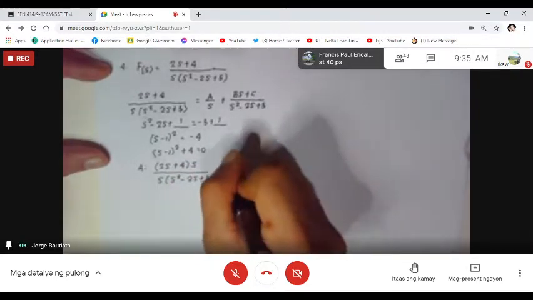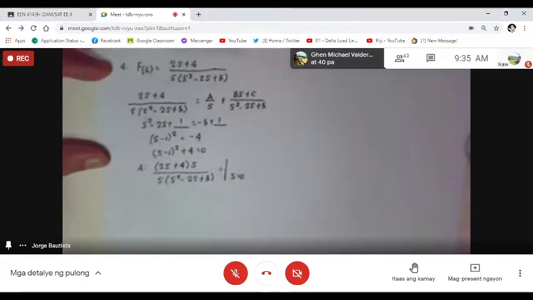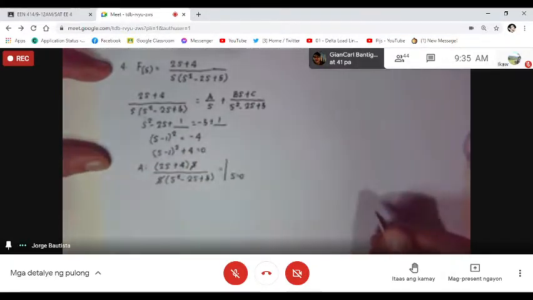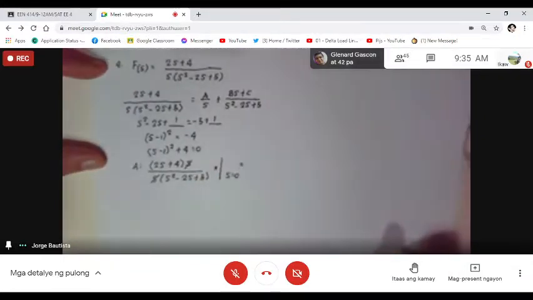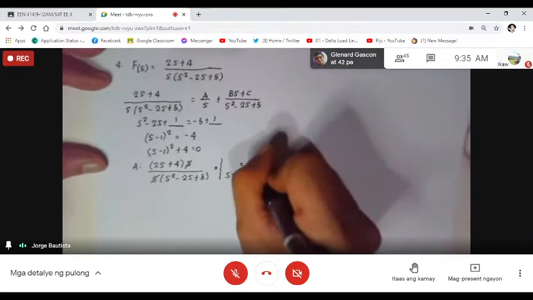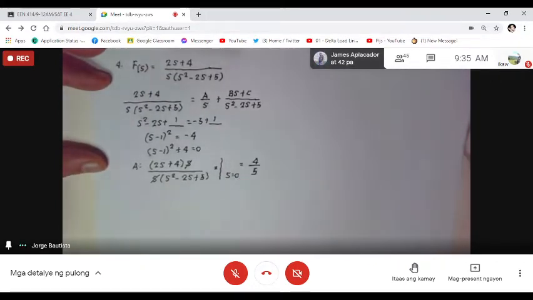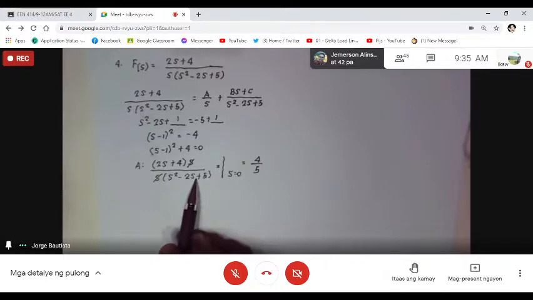Taking s equal to 0, cancel the s, that is equal to 4 over 5, because s is 0.